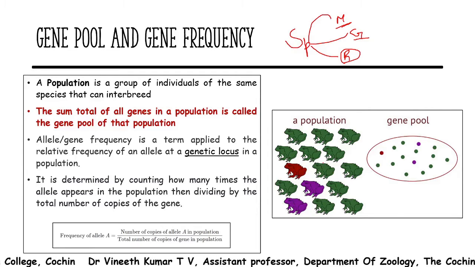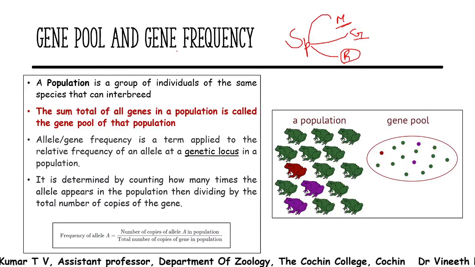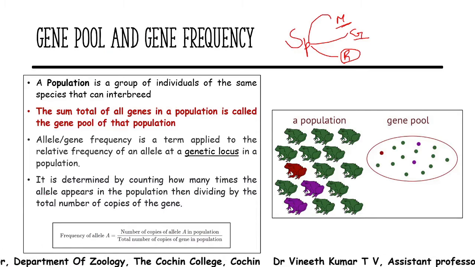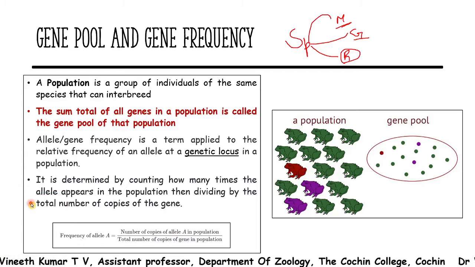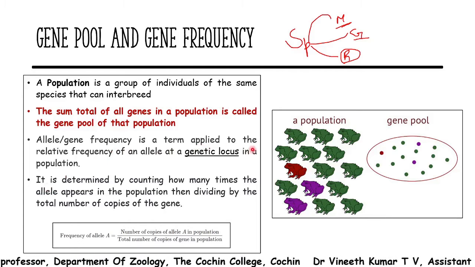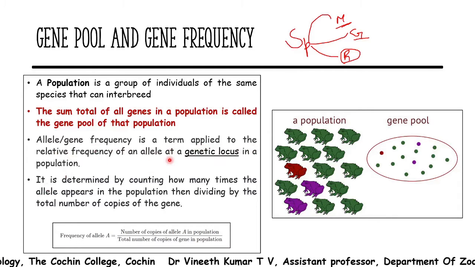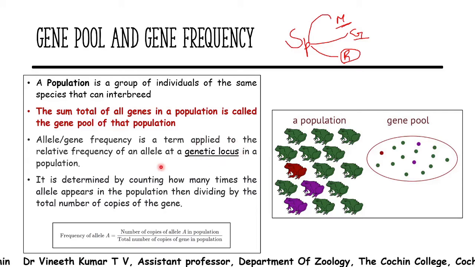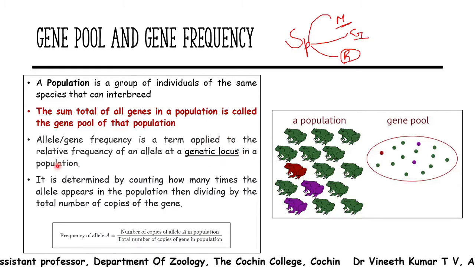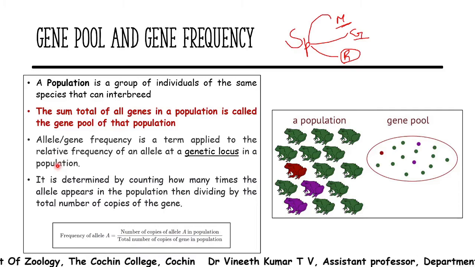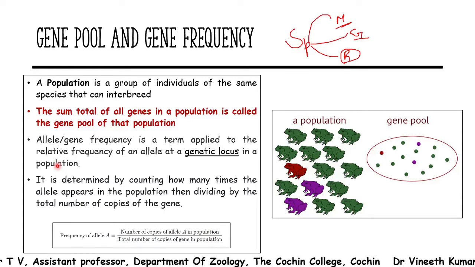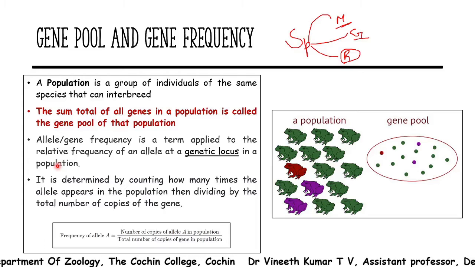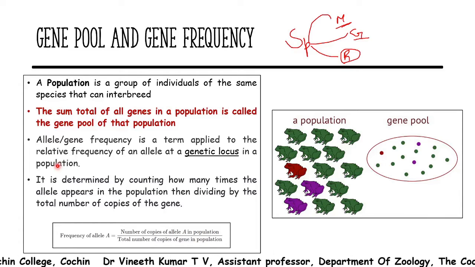And coming to the next term, which is gene frequency, or allelic frequency. Gene frequency or allelic frequency is a term applied to the relative frequency of an allele at a particular genetic locus in a population. If you are considering a particular gene, we know that the gene will have different alleles.